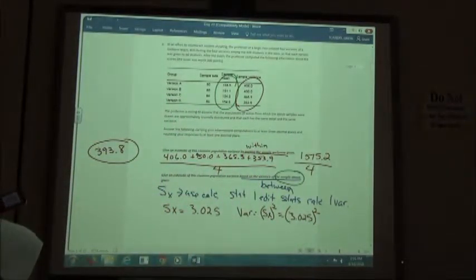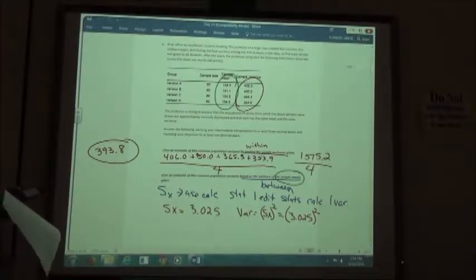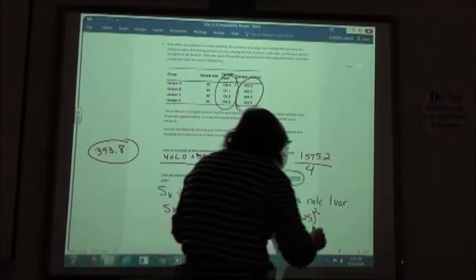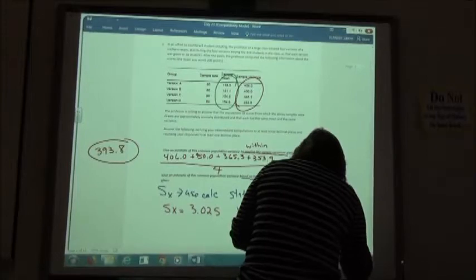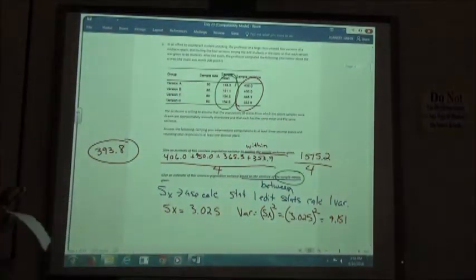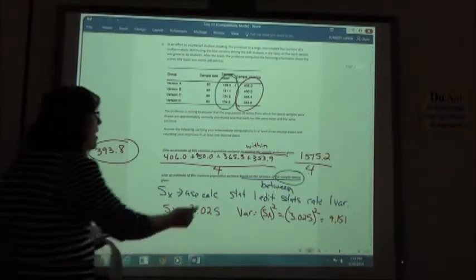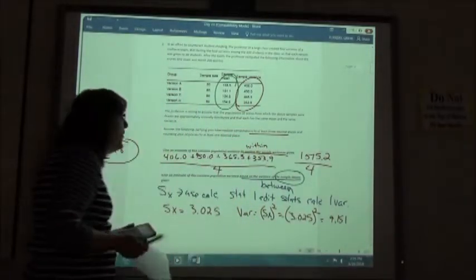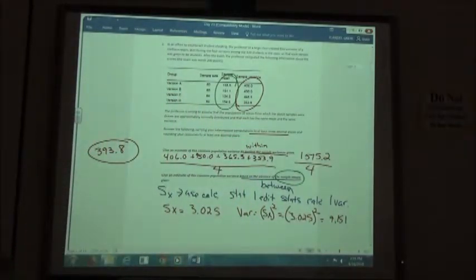So again, second function quit gets you back to the normal screen where you can type stuff in. 3.025 squared gives me 9.151 if I round that off to 3 decimal places. And again, they say round it off to 3 decimal places while you're doing your intermediate computations, and then our final answer will just do 1 decimal place.